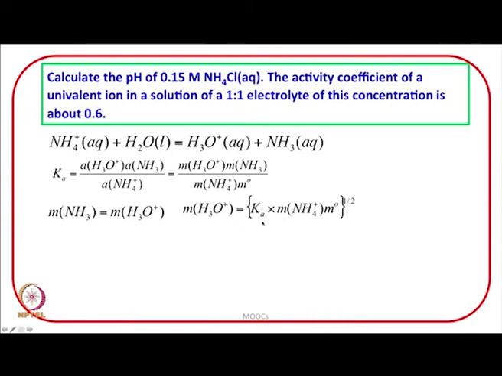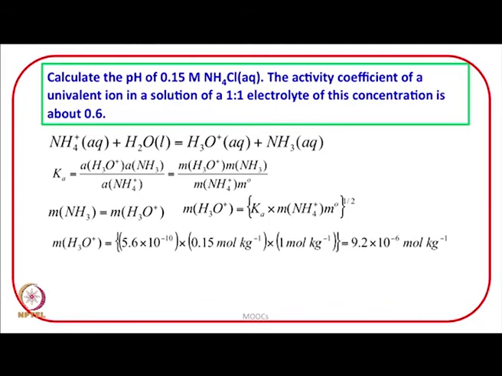Now you substitute the value of Ka, and the molality of ammonium chloride is given. Let us consider this as molality, mole per kg, because we have expressed it in terms of mole per kg. So once you substitute, the answer comes out to be 9.2 into 10 to the power minus 6 mole per kg.